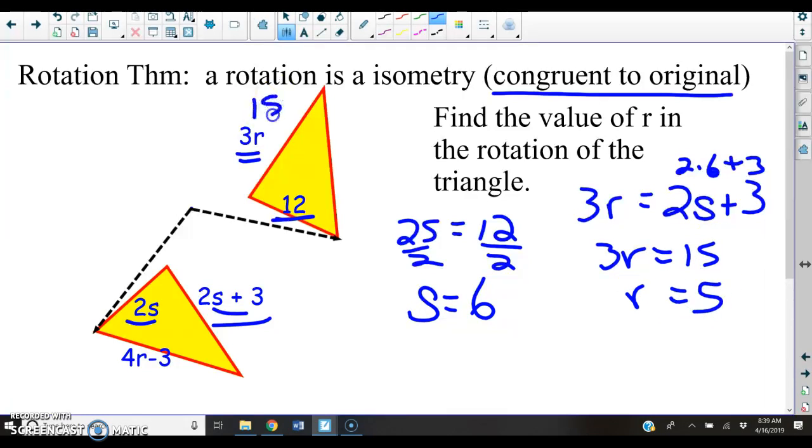So this would be 15. This would be 15. This, of course, is 12. But when we put 5 in for R, 20 minus 3 is 17. So you can use the things you know, a little bit of algebra, and be able to find measures of polygons.